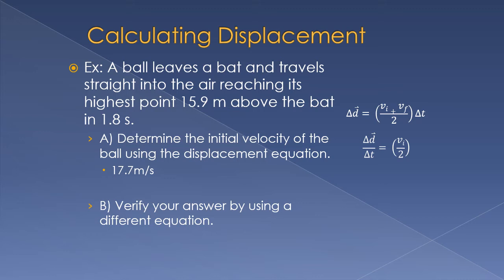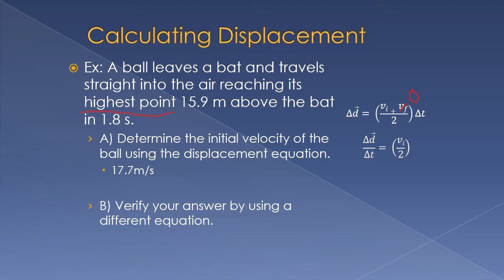What is my velocity final? It doesn't tell me in the question, but it kind of does because it reaches its highest point, which means velocity final is essentially 0. Even though it's nothing, 0 tells me something. It's different than just not knowing. 0 is a number, and so I just removed it.